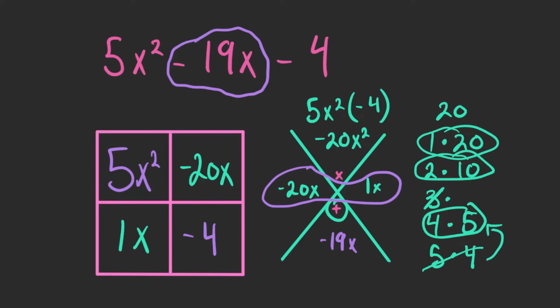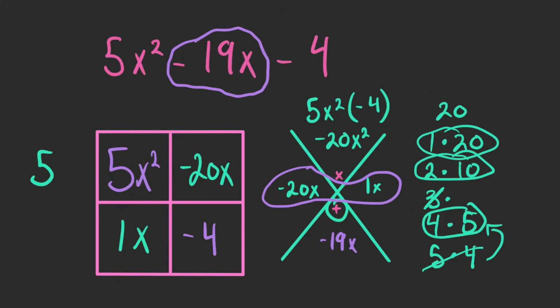It will still work out. Then I want to factor out the GCF starting with this row, and I'm going to put that number here. What is the biggest number that will go into 5 and negative 20? Well, 5 goes into 5, and 5 goes into negative 20. So I'm going to place a 5 right here.